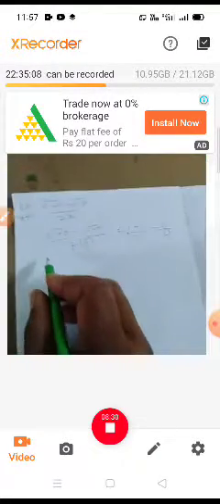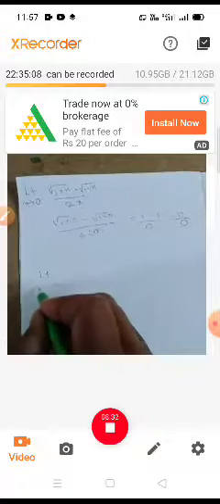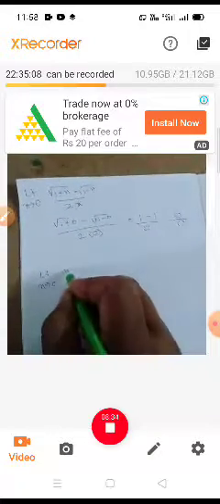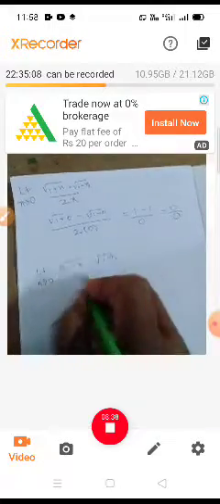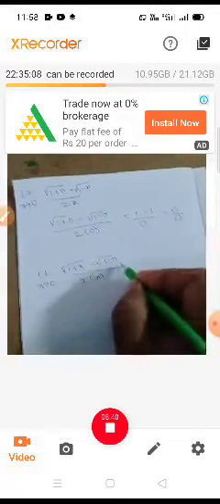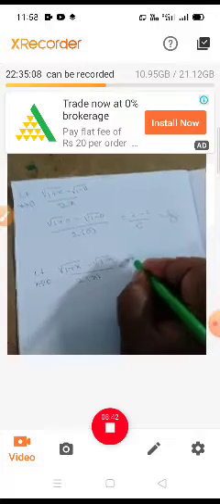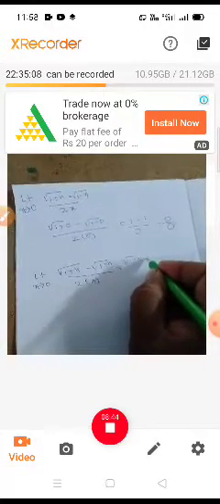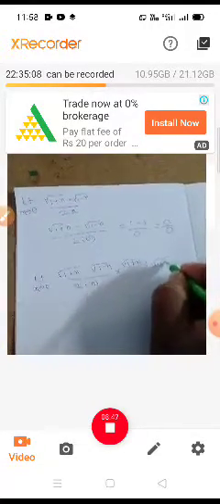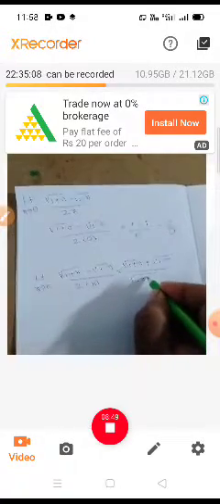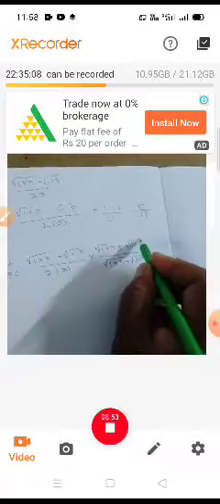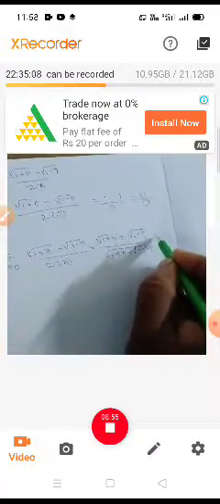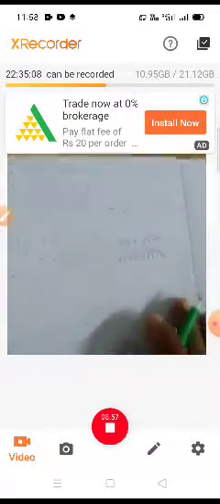Rationalizing the numerator part here, that is limit x tends to 0, root 1 plus x minus root 1 minus x over 2x. We are multiplying and dividing by root 1 plus x plus root 1 minus x, the same value. When the numerator and denominator have the same value, it cancels out, multiplying by 1, and again we get the question.